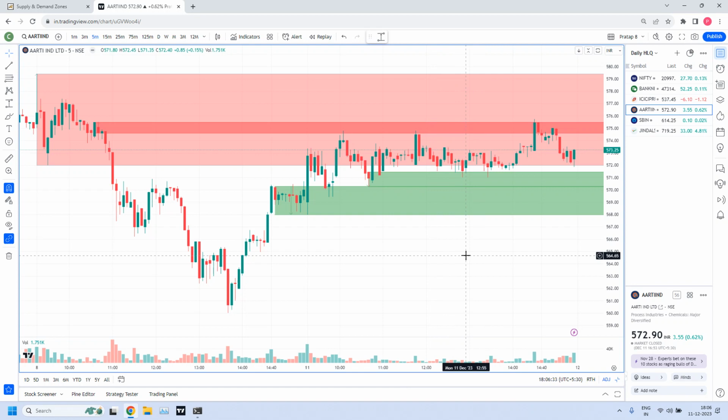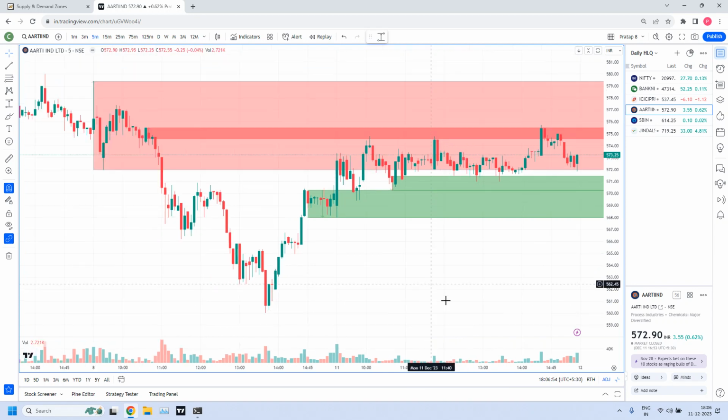Even though in a single trade we did not get 6.1% ROI, both the trades together achieved an ROI above 6.1%. So this is about Aarti Industries. We got two successful trades today.